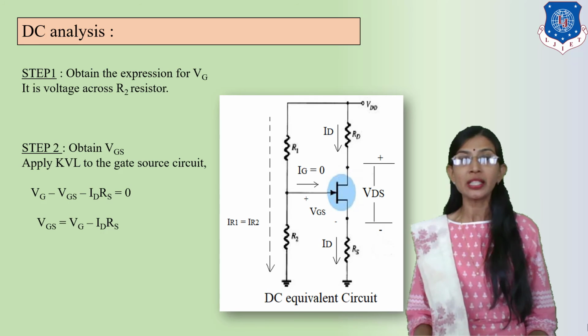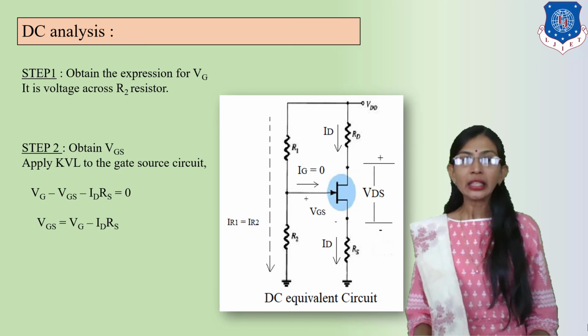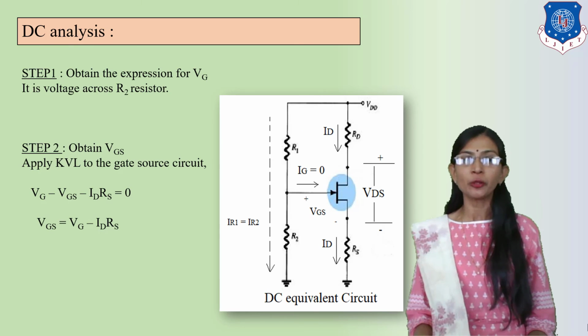Source circuit, that means input loop, left hand side loop. So first of all we will have to apply the KVL in the input circuit, and then we will apply the KVL in the output circuit. So step 2, KVL for source circuit, that is VG minus VGS minus IDRS equal to 0, and our task is to define VGS. So rearrange this equation: VGS equal to VG minus IDRS.